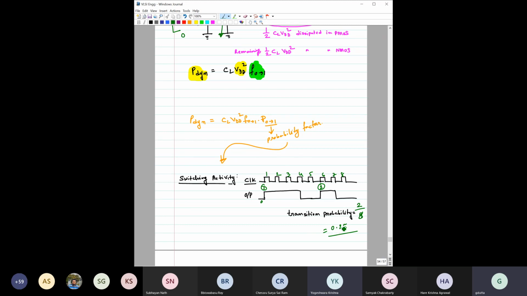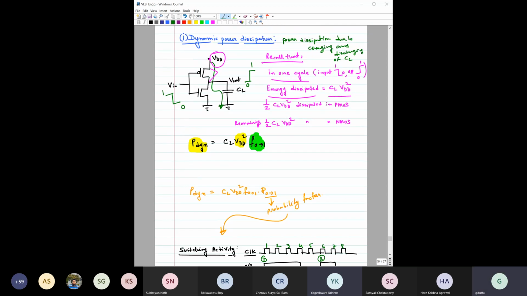So you should also know what the switching activity or switching factor is for an inverter in a particular IC. I think we have discussed a couple of things here.